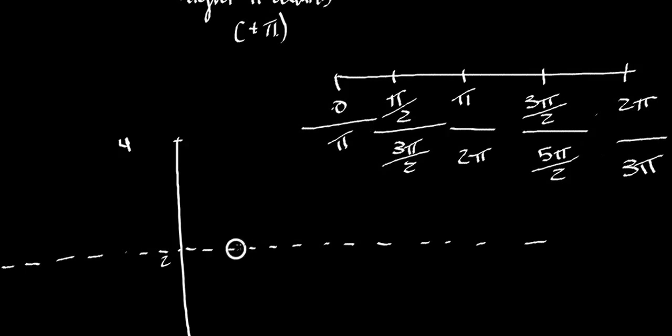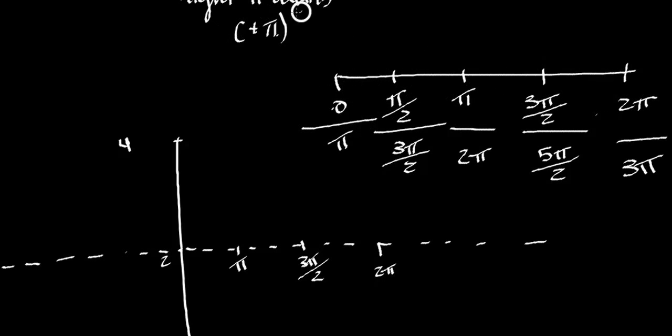So now let's just record them. So we have pi. We got 3 pi over 2. We've got 2 pi. Right? That's all you do. You draw your regular period.